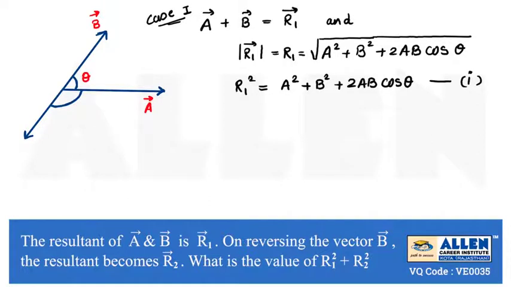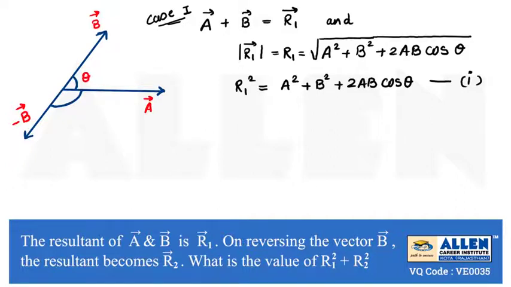Now according to our question, if we reverse vector B, its magnitude remains the same but its direction gets opposite. So in our figure, we will represent minus B vector as the opposite of B vector, but its magnitude remains the same.